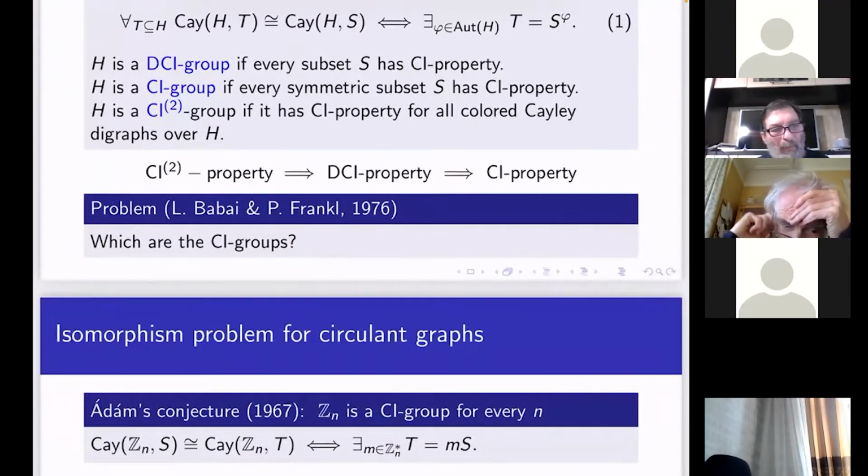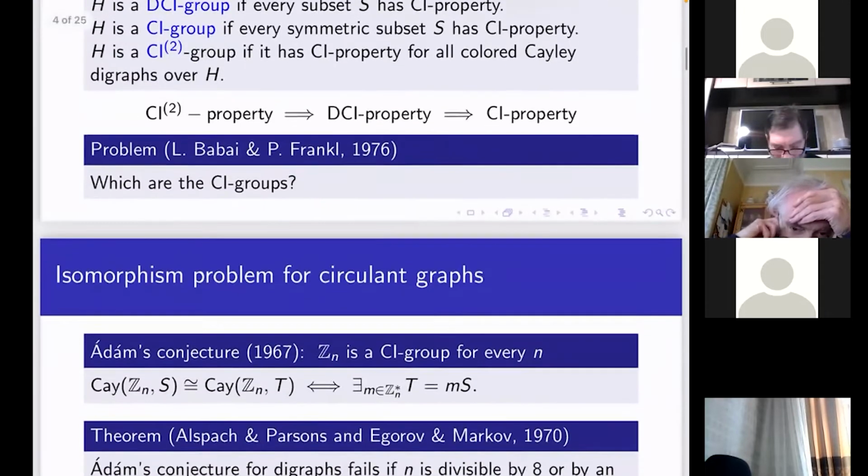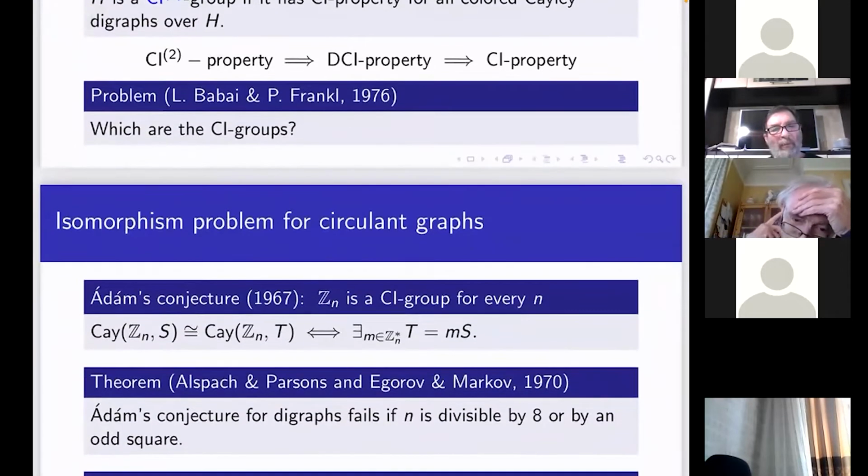Using the notion of CI group, we can formulate this conjecture as follows: the cyclic group of order n has the Cayley isomorphism property for every n. Of course, the original Ádám conjecture was not formulated in these terms, but it's an equivalent one. Now, very soon it was realized that it is not true.